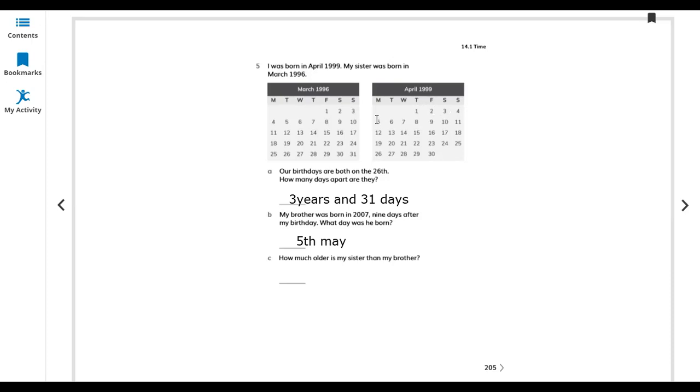So this is the coming 5. It's been the 5th of May. His brother was born. Okay. So no need to write any other thing like year or something else. Just write the date.